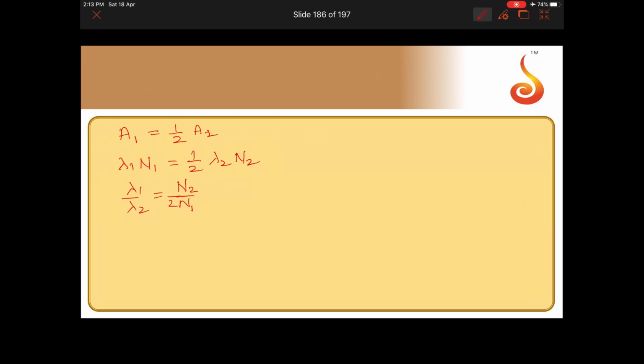Now lambda 1 by lambda 2 means this should be T2 by T1. So T1 by T2 is equal to 2N1 by N2.